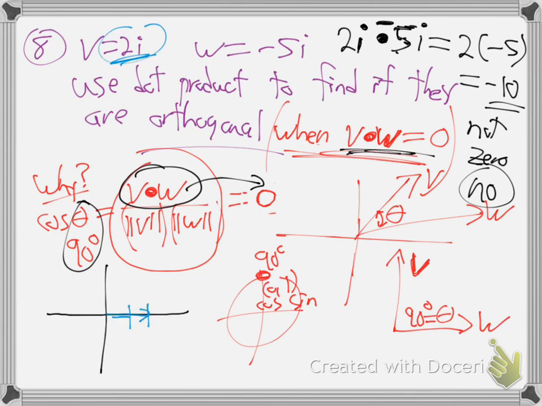There's the 2i vector, there's the V vector, and where's the W vector? Back 5: 1, 2, 3, 4, 5, back. There's the W vector, it's back 5i. So are they perpendicular? Clearly not. They're 180 degrees, not 90. So we could have done that too.